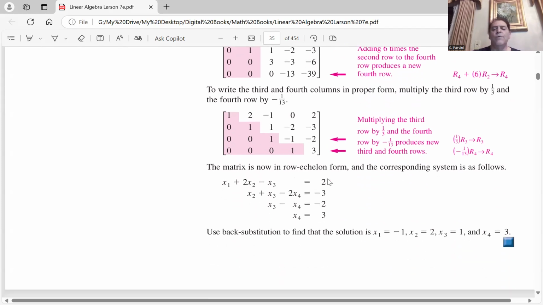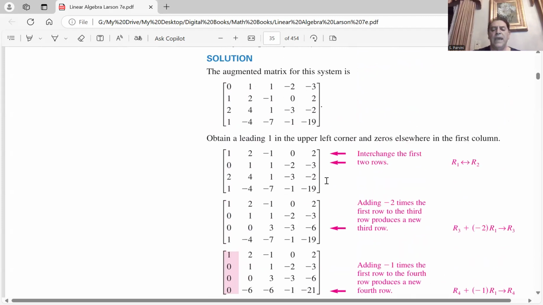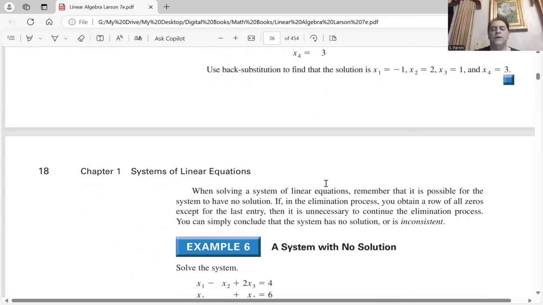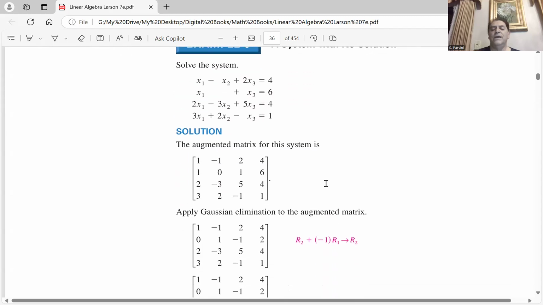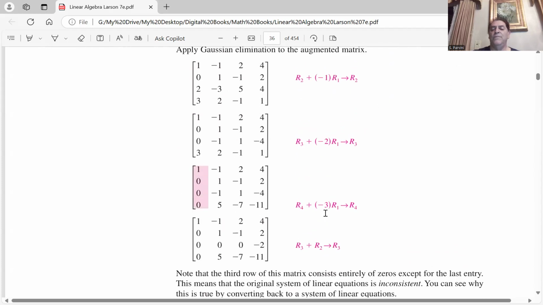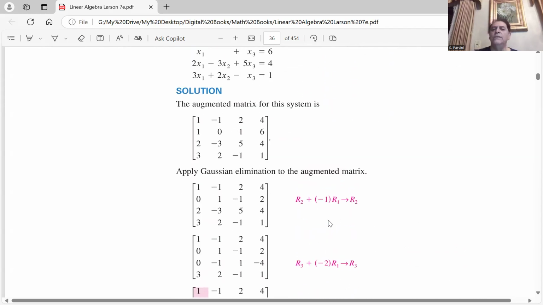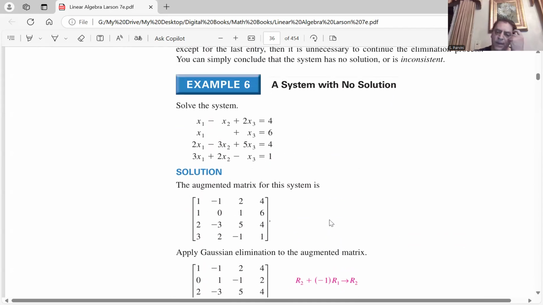You don't have to worry about going through this painful process of doing all of these elementary row operations to get it into Gauss Jordan or reduced row echelon form. We'll let the software do it for us.